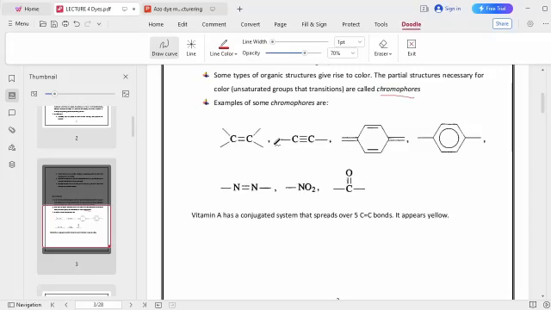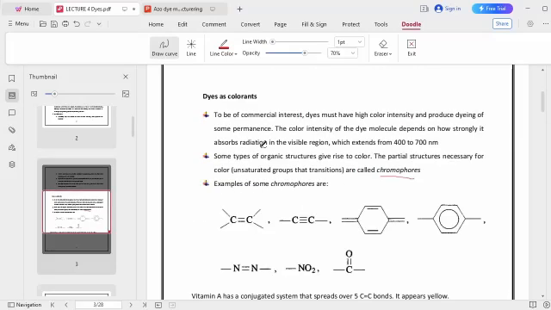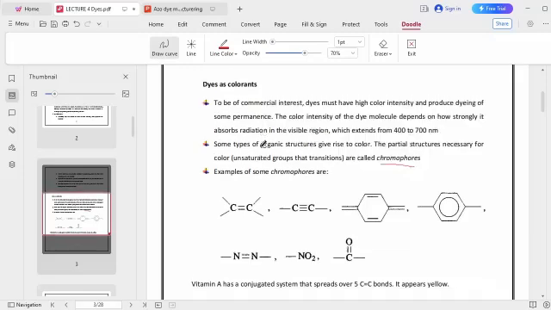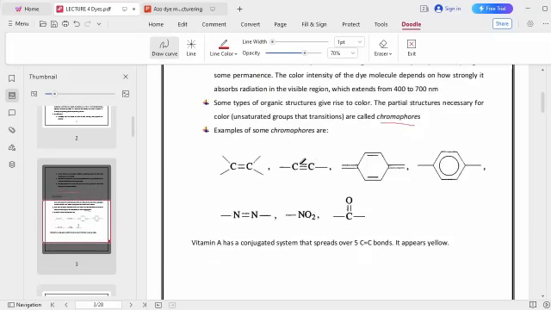And they normally are groups of carbon-carbon double bonds or carbon-carbon triple bonds, or some electron-rich phenolic groups as shown on the screen there.